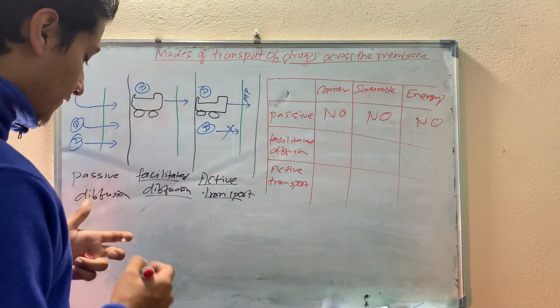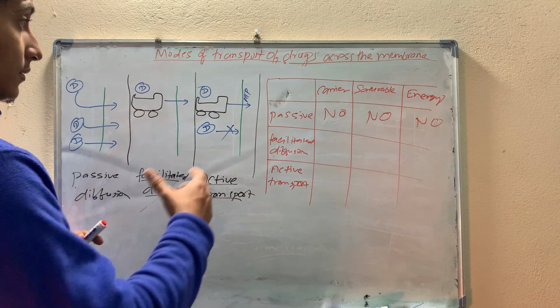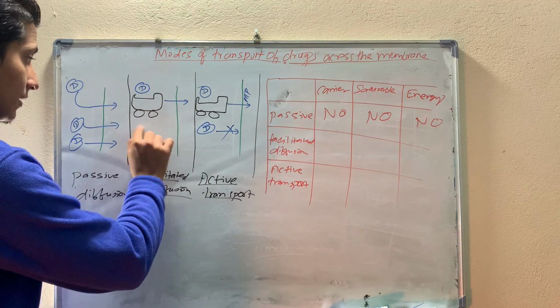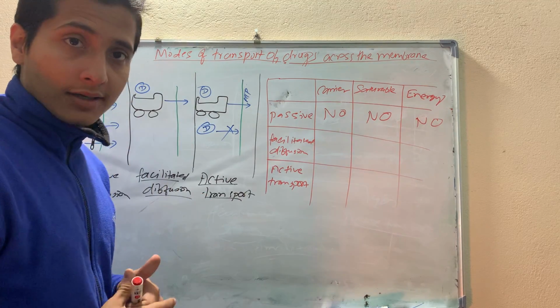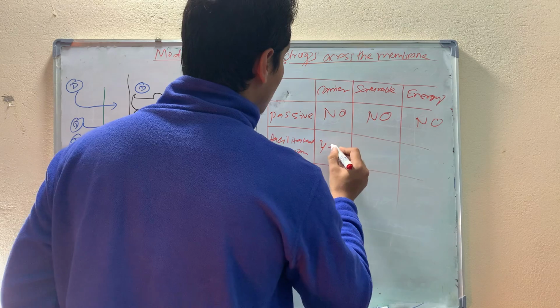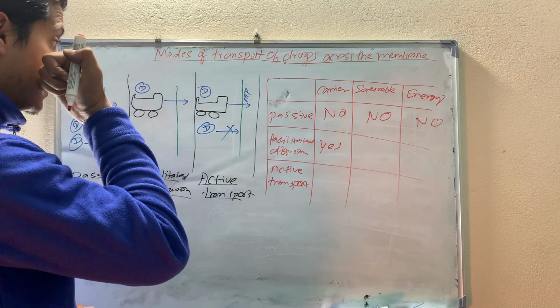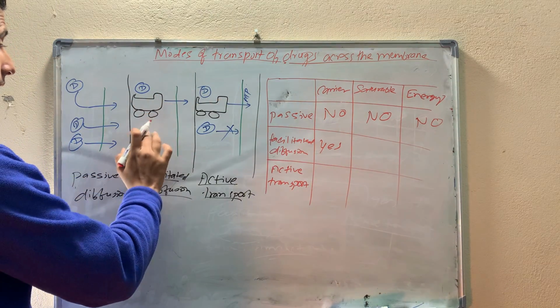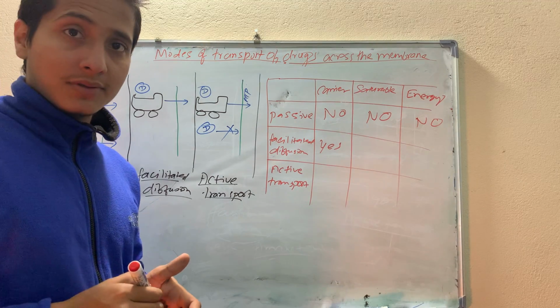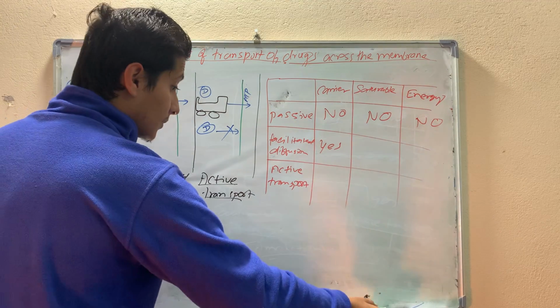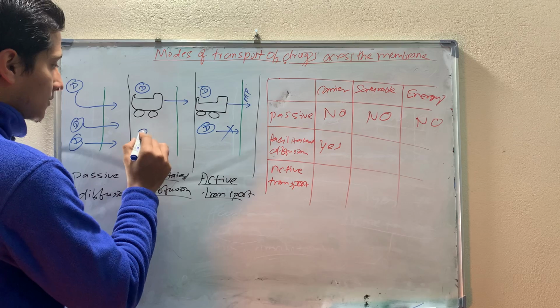Now let's get into facilitated diffusion. Does facilitated diffusion require a transporter or carrier, the truck? Yes, of course, it requires one. Now the next question is, if it uses the carrier, is it saturable? What if the next drug comes?